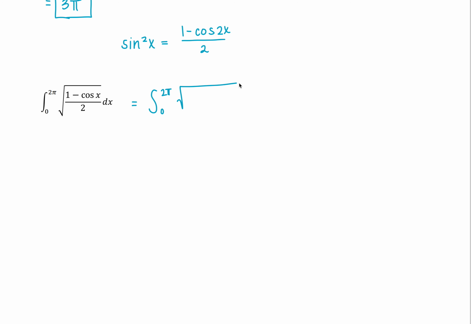So I have the square root of sine squared x over 2 dx. I've got the square root and I'm squaring it. They're going to cancel each other out. So all I'm left with is sine of x over 2.